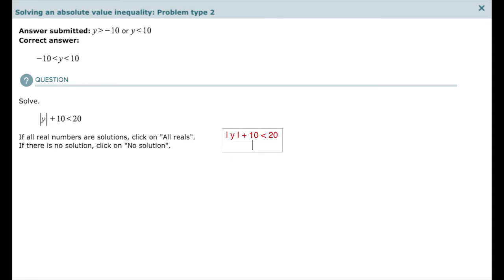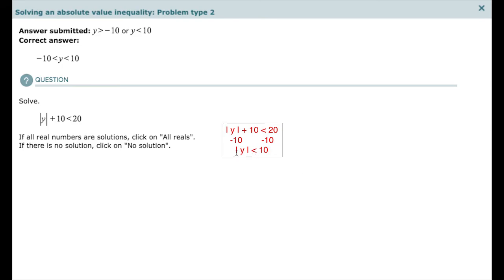Now in order to get y by itself, we need to subtract 10 from both sides. So we'll take 10 away from here. This negative 10 and this positive 10, those will eliminate. And then 20 minus 10 is just positive 10. So we'll have the absolute value of y is less than positive 10.